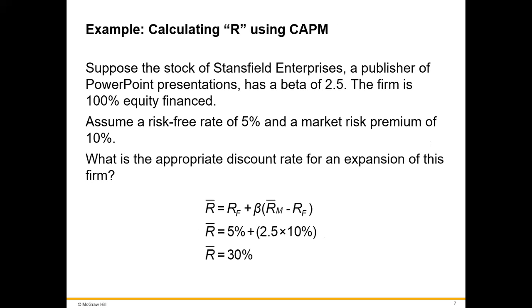The firm is 100% equity financed. That's the key here. Risk-free rate is 5%, and they already give us the market risk premium of 10%. So we plug those amounts into our formula. The required rate of return, the cost of capital, is 30%. So when we're determining the net present value of the project, we would use a 30% discount rate.